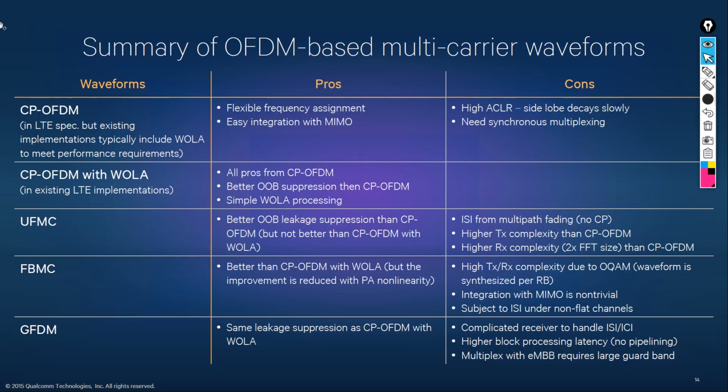The key advantage here over the previous one is low out-of-band emission. It has all the advantages of CP-OFDM, better out-of-band suppression than CP-OFDM, and simple processing. You don't need a complex structure to achieve low side lobes.